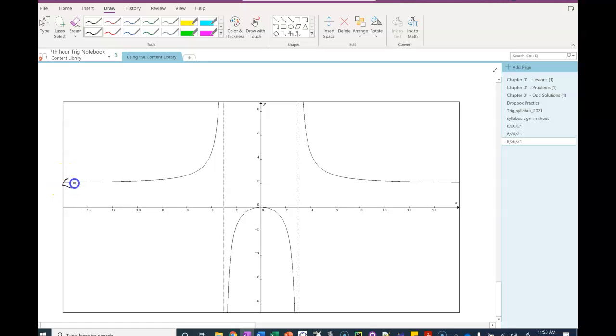So I have an arrow at this end, an arrow here, an arrow here, an arrow here, an arrow here, and an arrow there. Just to make sure that we're all clear on that. I'm sure most of us would have assumed that's what was going on. It's like you would read your calculator window, right? You assume that it keeps going, you just can't see it anymore. Same idea here. So far, so good?